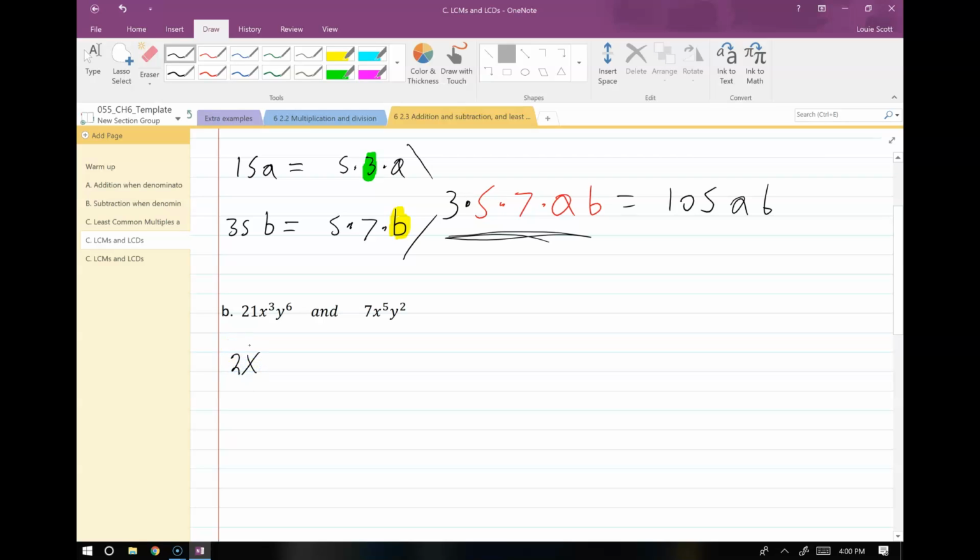Could I divide these two things by 3? Oh, you mean like when you create the LCD, when we're really getting down?